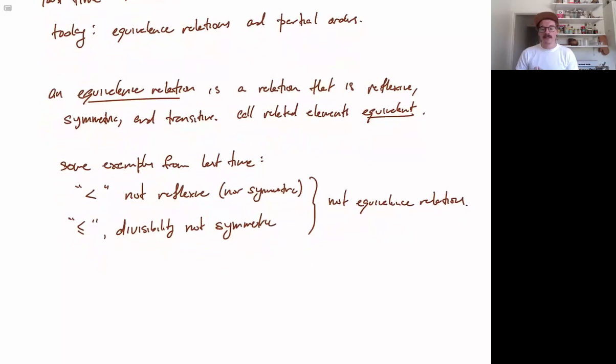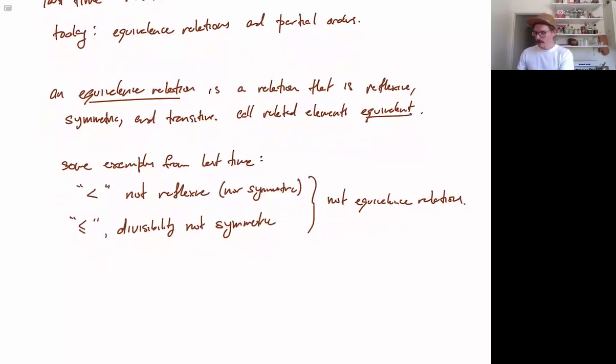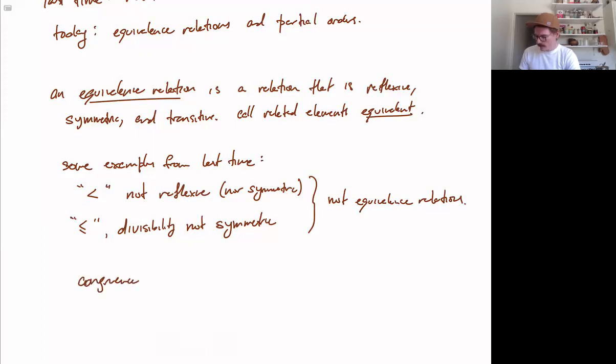The one example we did see last time, which was an equivalence relation, is congruence. So congruence mod 5, or mod anything, but just to make it concrete. Congruence mod 5 we saw is reflexive because something is congruent to itself.